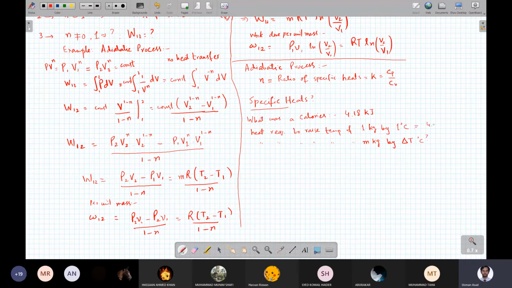So if this is 4.18, then for a process 1 to 2, what would be the heat required to raise the temperature of m kilograms by delta T degrees?